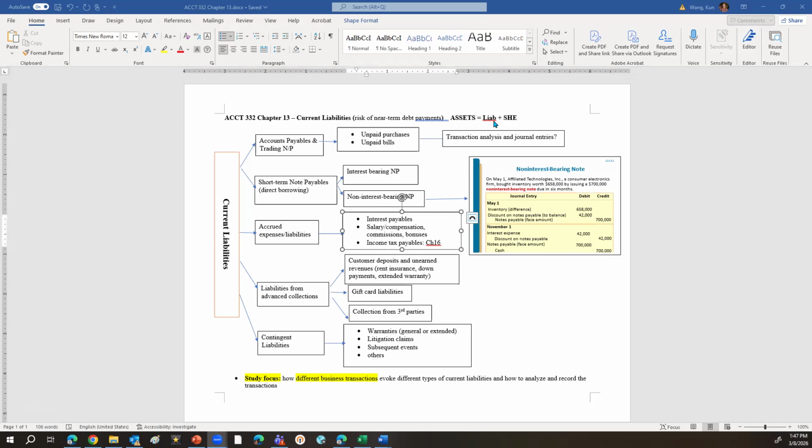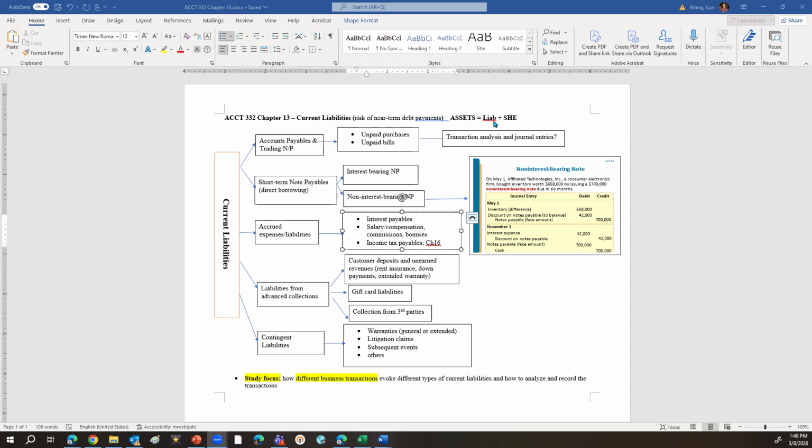So these are near-term payments. It helps the users assess the risk of short-term debt payments. Anything beyond one year is long-term, so it indicates long-term risk of debt payments. In Chapter 13, we focus on the different liabilities under the current category, and in Chapter 14, we discuss bonds payable and long-term notes payable, the long-term liabilities.